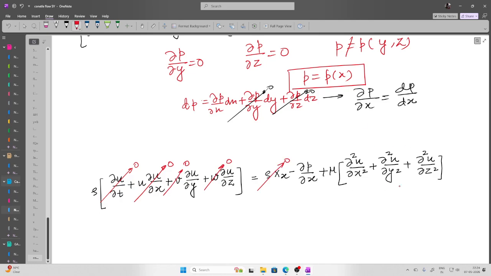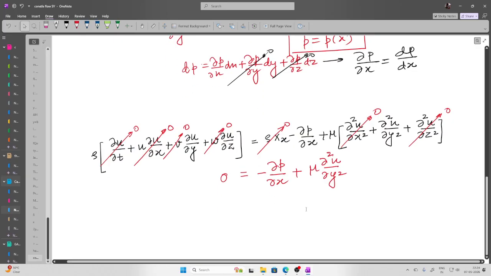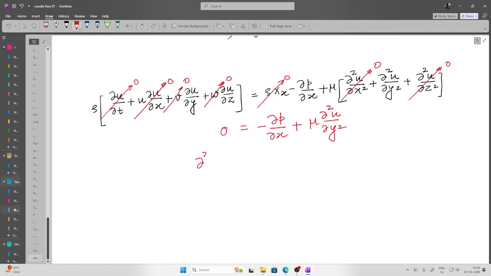Here, in this Laplacian term, u is not a function of z, u is not a function of x as well. So this whole Navier-Stokes equation has converted into 0 minus del p by del x plus mu del 2u by del y2. Very simple. So if you slightly solve this, you will be getting this.